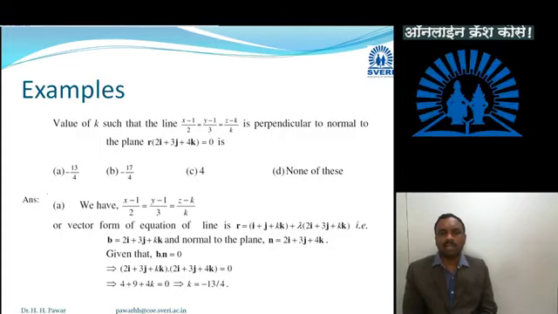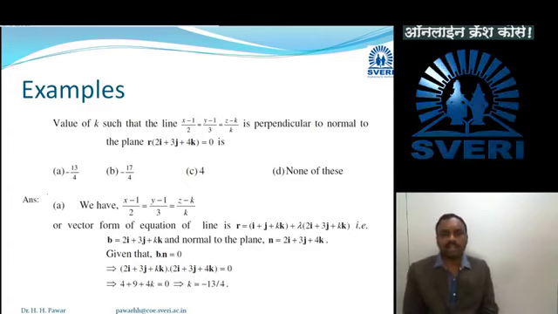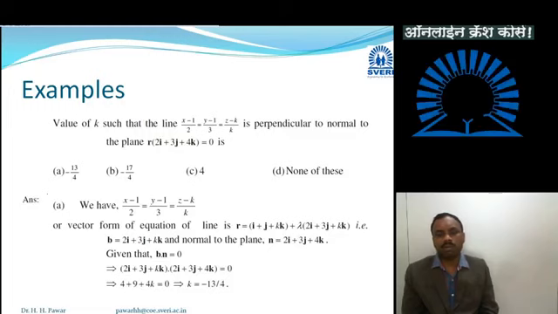As the equation is given in Cartesian form, we have to convert it into vector form of equation. As here the line passes through the point 1, 1, k, the position vector a bar is equal to i plus j plus k into k cap, and with direction ratios 2, 3, k, the direction vector is b bar equal to 2i plus 3j plus k into k cap.